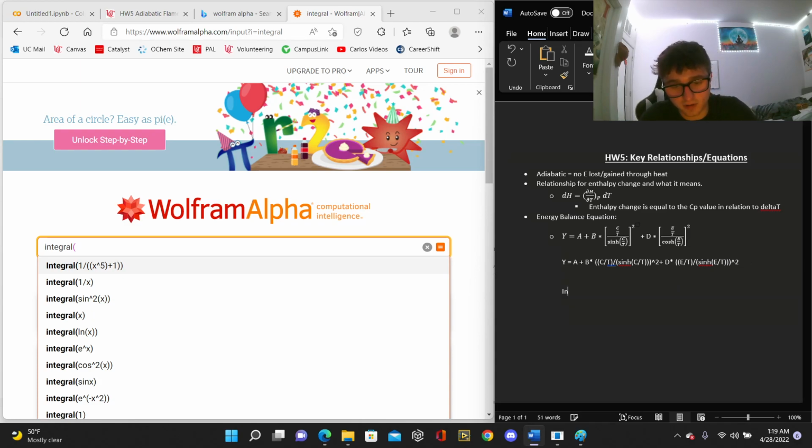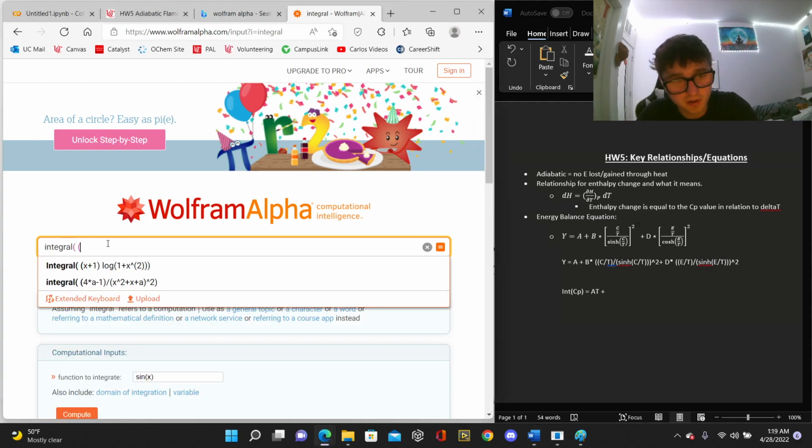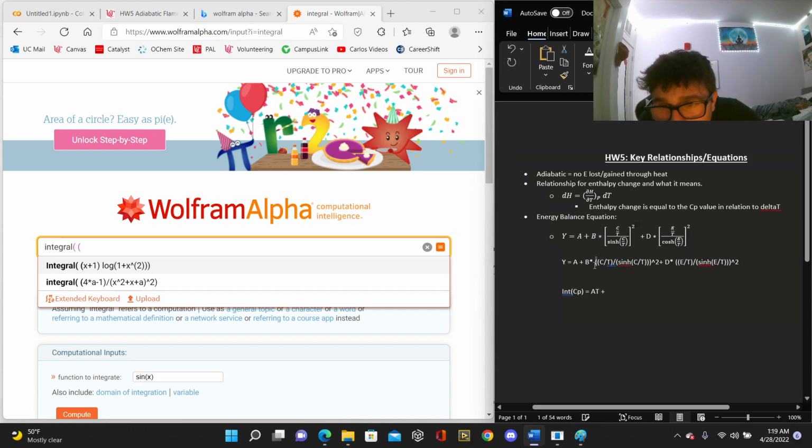What we're going to get for integrating CP is going to give us AT. That's an easy one. The integral of A dt is just equal to AT. Plus, we'll add an extra bracket, and let's grab this right here.